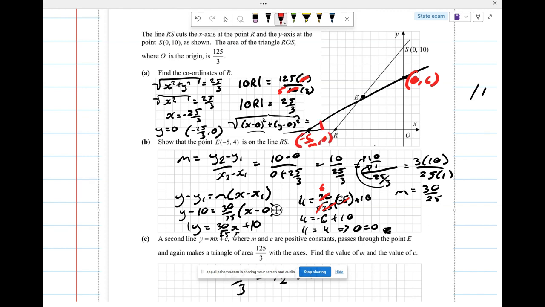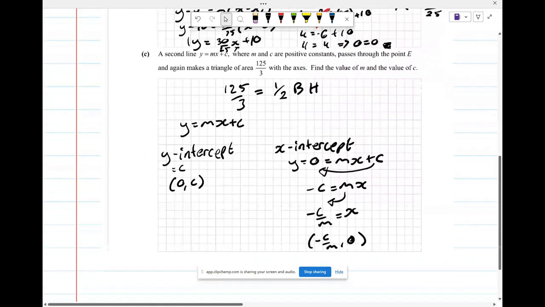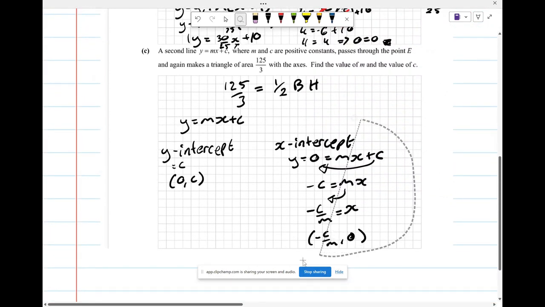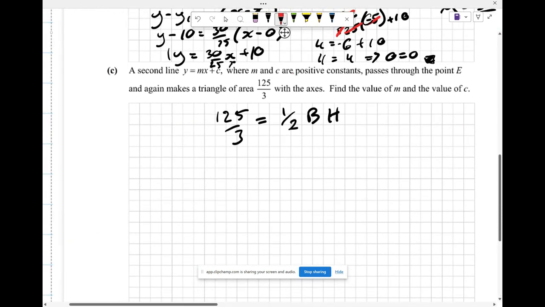And so now we know that this area here is going to be 125 over 3, and we're going to use that. Same thing we were doing before, get the distance between there and the distance between there, and do half the base times the height. So let's do that. Let me clear up some space. So yeah, we already have it up here.